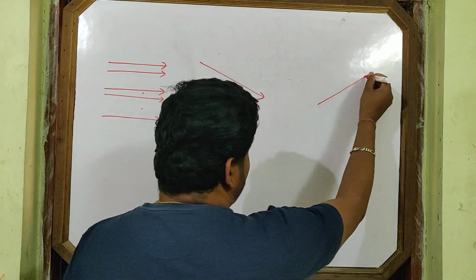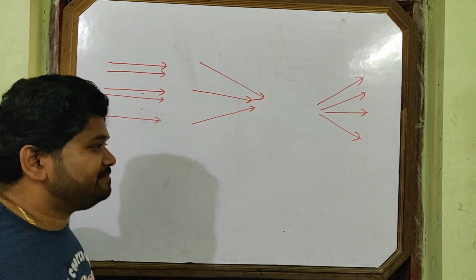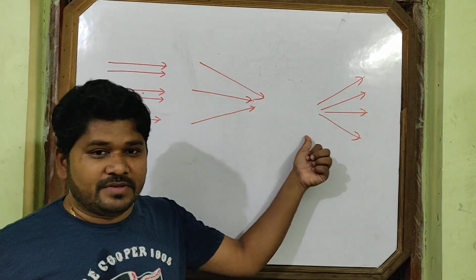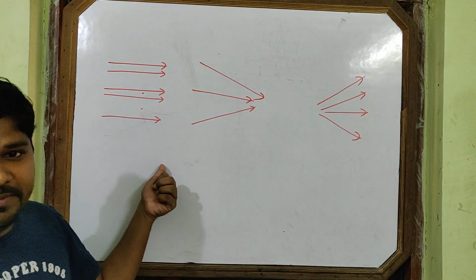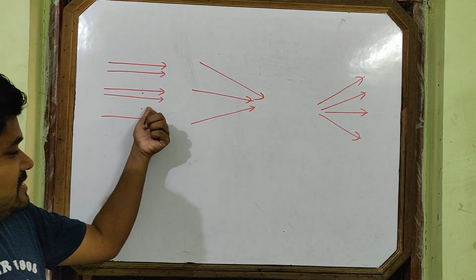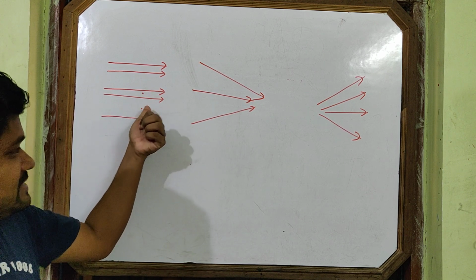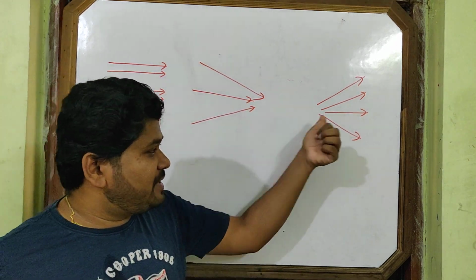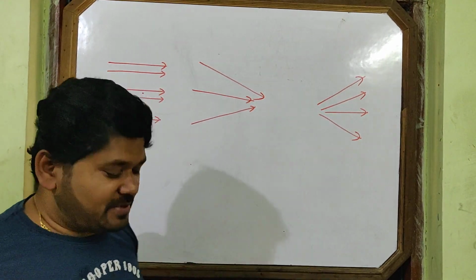This is also one non-uniform electric field, divergent. So I have drawn here three types of non-uniform electric field. It can be many types also. Here magnitude is same, but here magnitude is different, but direction same. Here both are different. Here also both are different. Convergent and this is divergent.